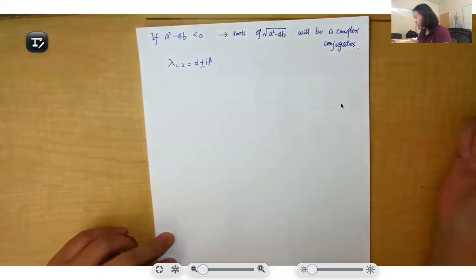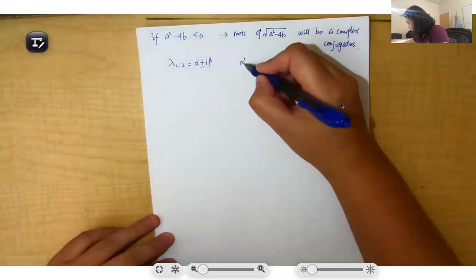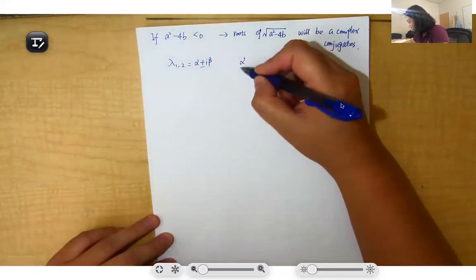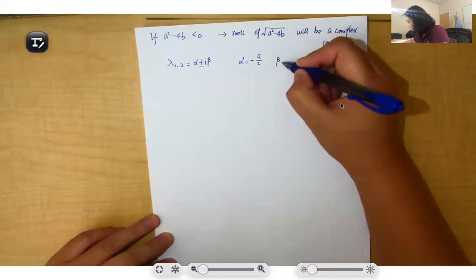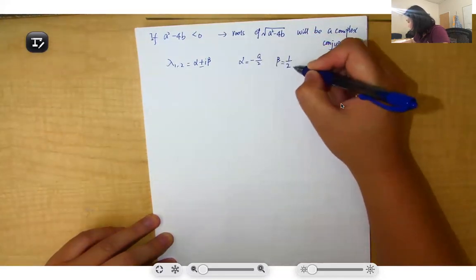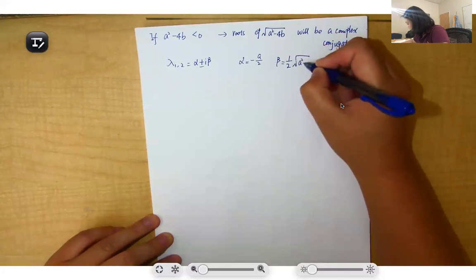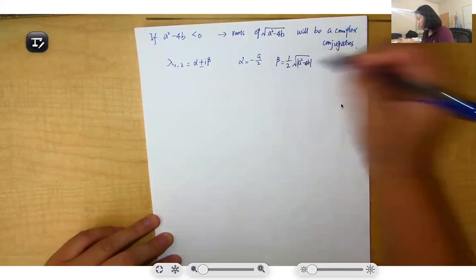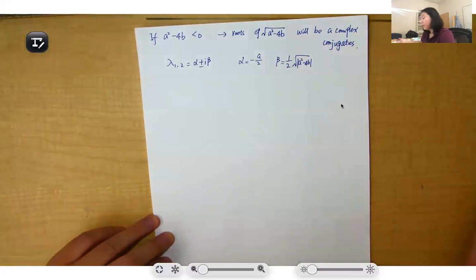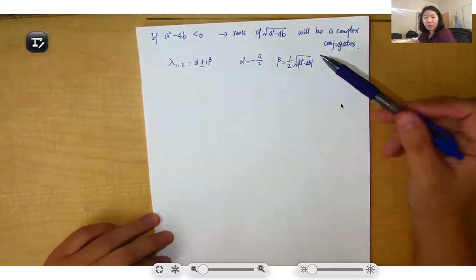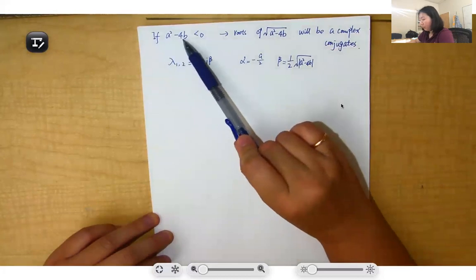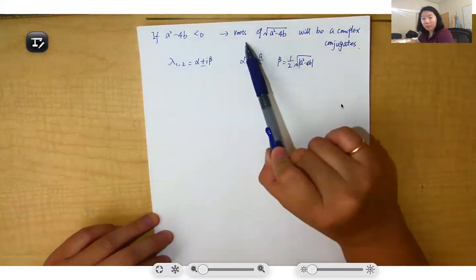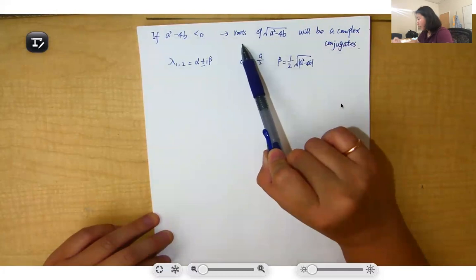You know alpha equals minus A over 2, and beta equals 1 over 2 times the square root of the absolute value of A squared minus 4B. This is when A squared is smaller than 4B, so the roots are a complex conjugate.